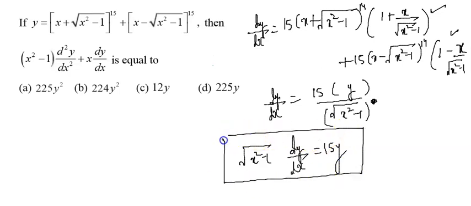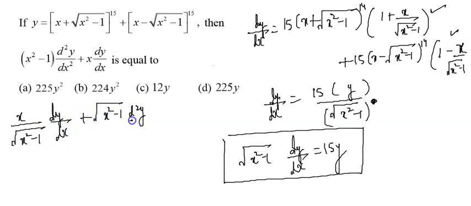Again differentiate it. You can apply the product rule on the left hand side. It will be x upon root x square minus 1 dy by dx plus root x square minus 1 into d2y by dx square. This is equal to 15 into dy by dx.